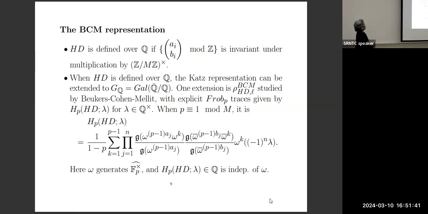When the datum is defined over Q, the Katz representation, originally a representation of the Galois group from Q bar to the cyclotomic field, can be extended further down to the full absolute Galois group of Q. One such extension was studied by Beukers, Cohen, and Mellit, which we call a BCM representation.